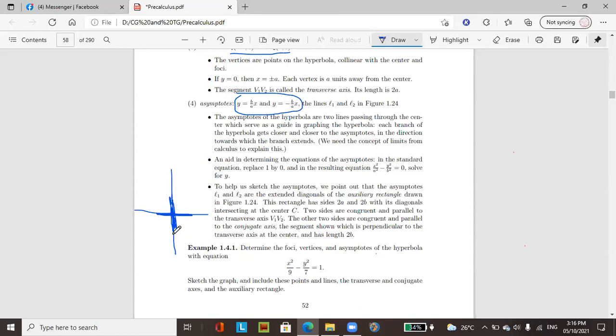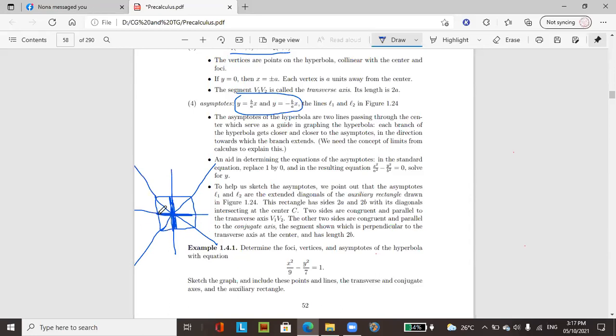Conjugate axis has length 2b. So when we draw it, this is now the auxiliary rectangle. From that auxiliary rectangle, if we connect the corners through the center, these are now the asymptotes of the hyperbola.